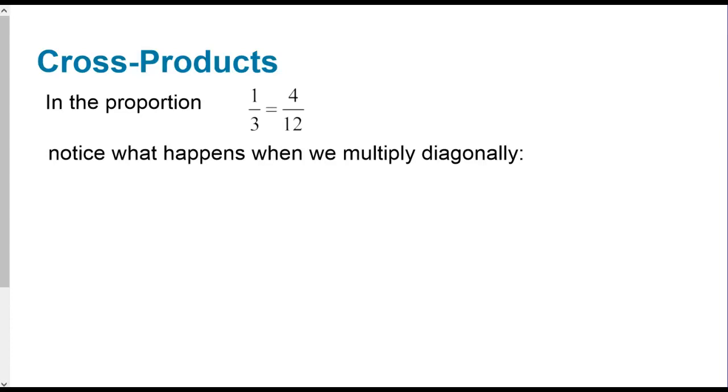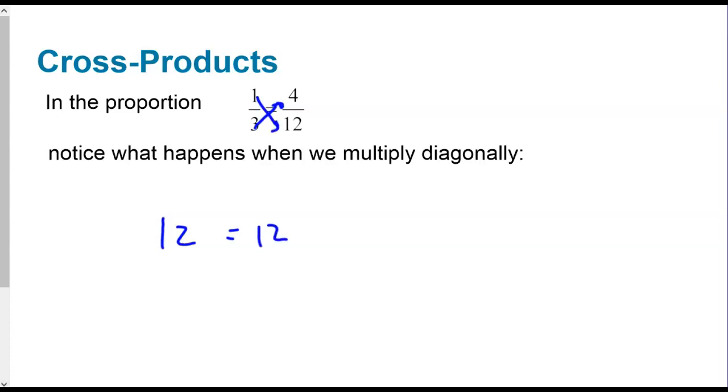The only time that we want to use cross products is when we're working with proportions. So notice with this problem what happens when we multiply diagonally. 3 times 4 is 12, bring down the equal sign, 1 times 12 is 12.